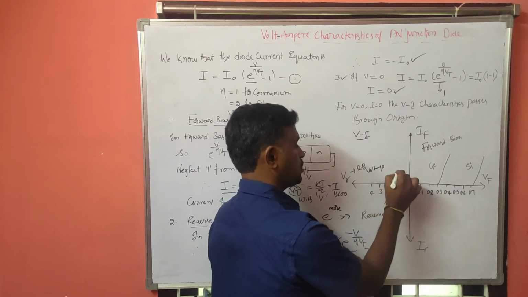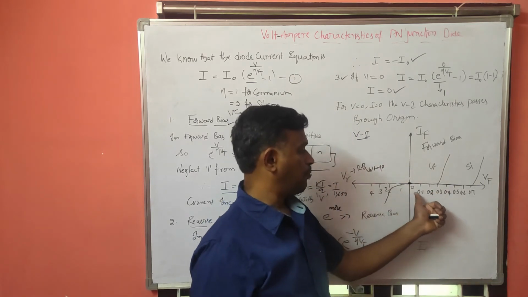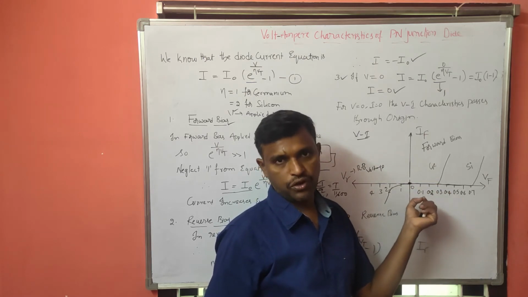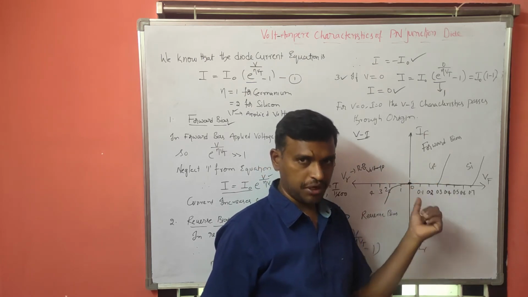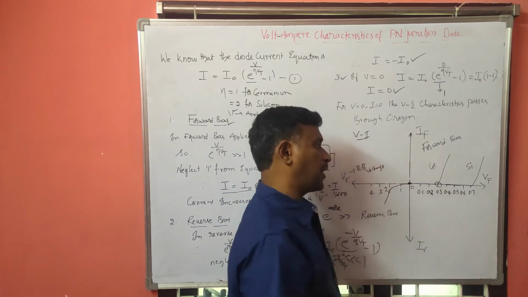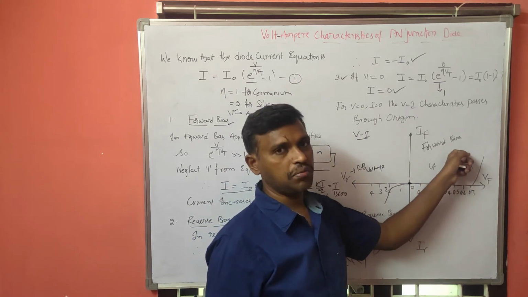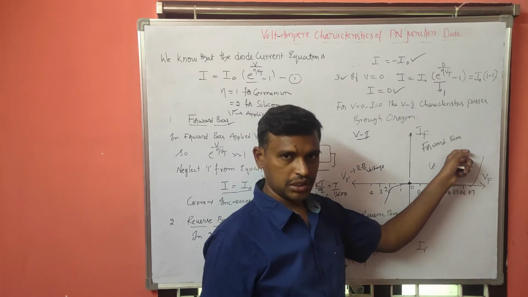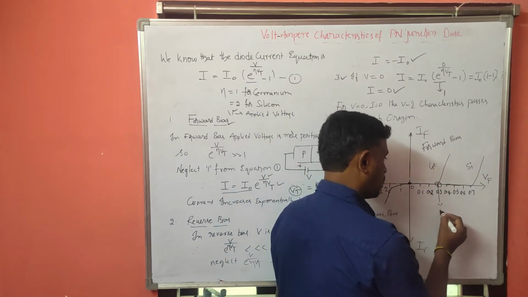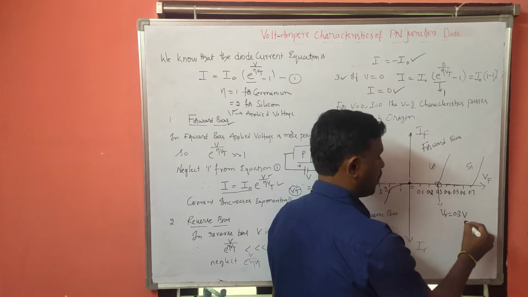If you observe here, at point 1 and point 2 a very small amount of current flows because of the depletion region for germanium. If I consider the applied voltage as 0.3, suddenly the current rises and increases further if you increase the voltage. So that is for germanium. This voltage we call V gamma, the cut-in voltage of the diode, which is 0.3 volts for germanium.